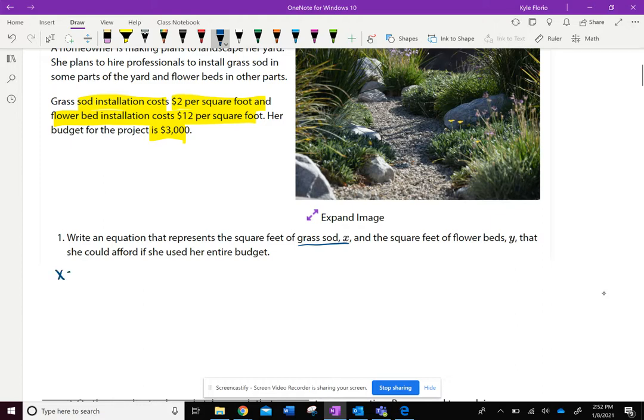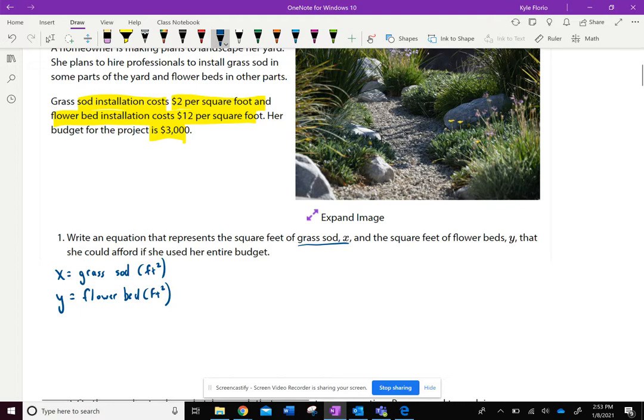So X equals the grass sod in square feet. And Y is going to represent the flower beds in square feet. Okay.